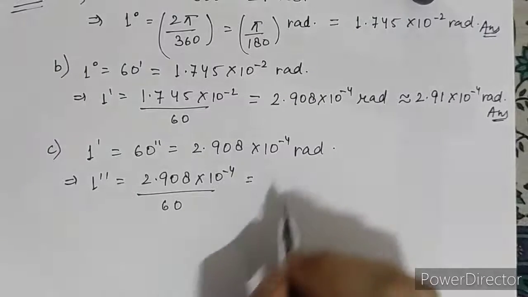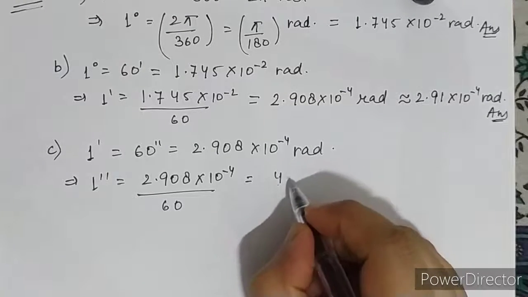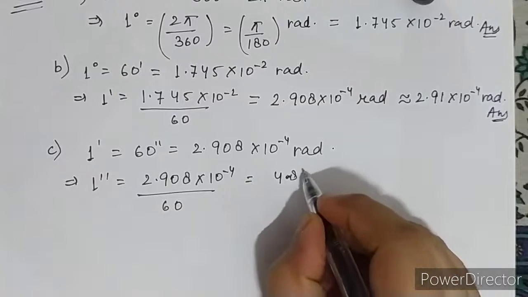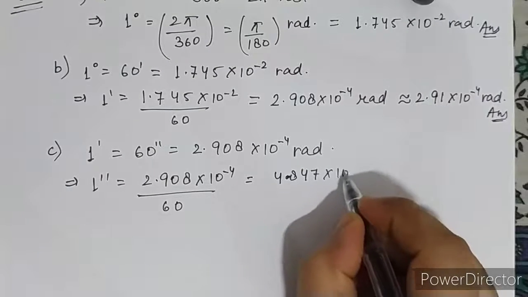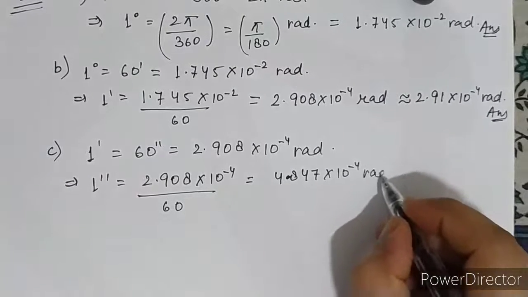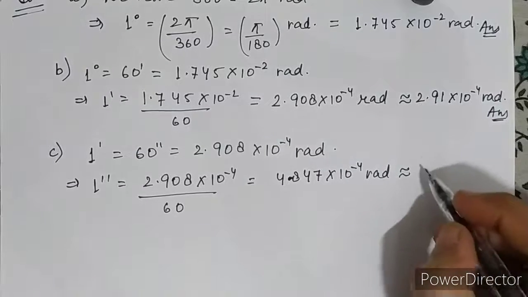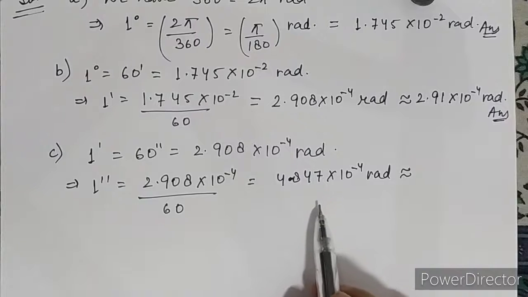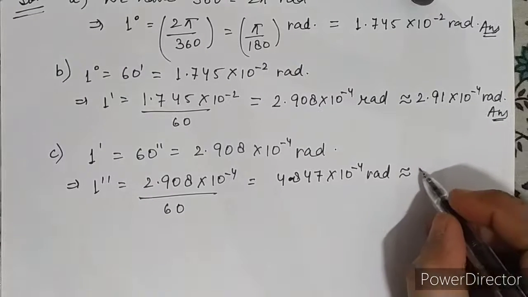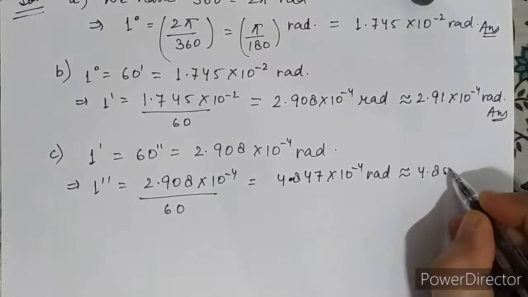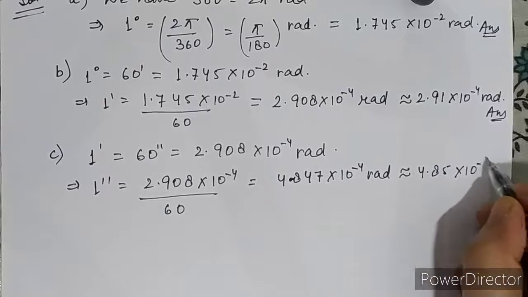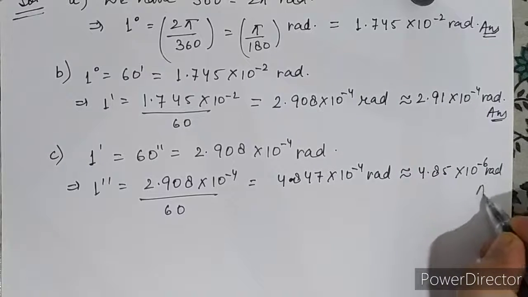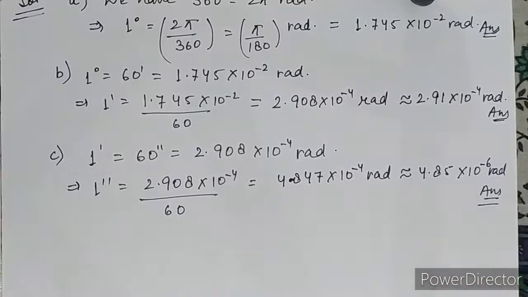Then we get the value 4.847 into 10 to the power minus 6 radian, and in approximation, since 7 is greater than 5, it rounds up. So the round figure is 4.85 into 10 to the power minus 6 radian, and this is the answer for 1 second.